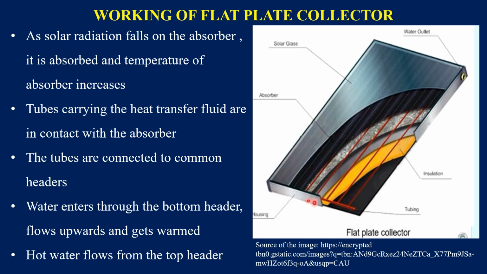Like this bottom header, there is another header known as the top header, from where the outlet can be taken. And this hot water comes from this top header outlet. So this is the basic working of a solar flat plate collector.